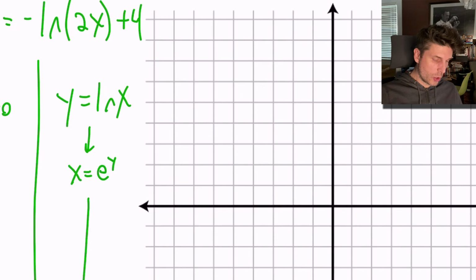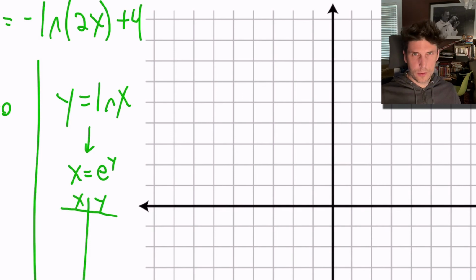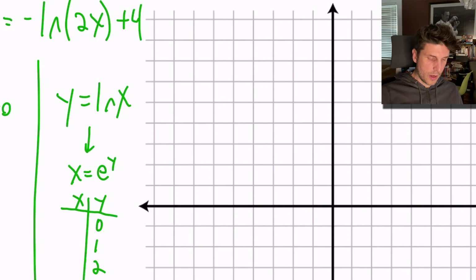And then you should remember from the video on graphing exponential functions that you can just plug in your 0, 1, and 2 values. e to the 0 power is going to be 1. e to the 1 is 2.7, and e squared is 7.4. Again, these are approximations.